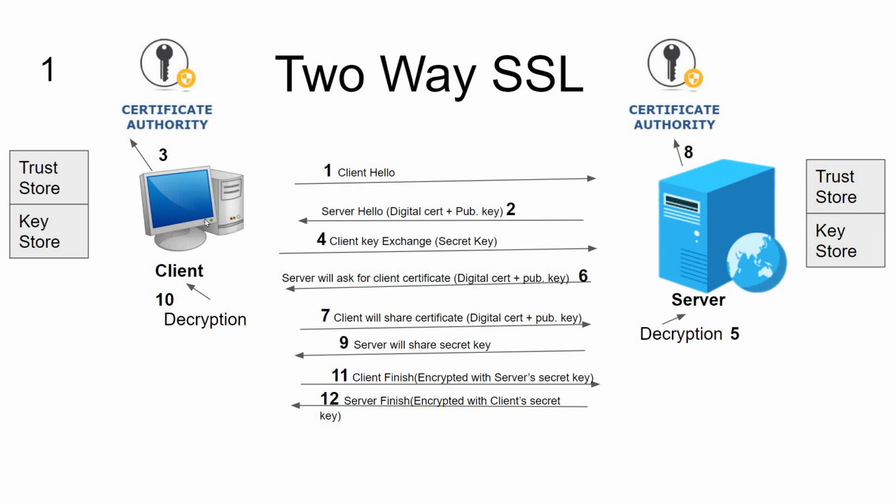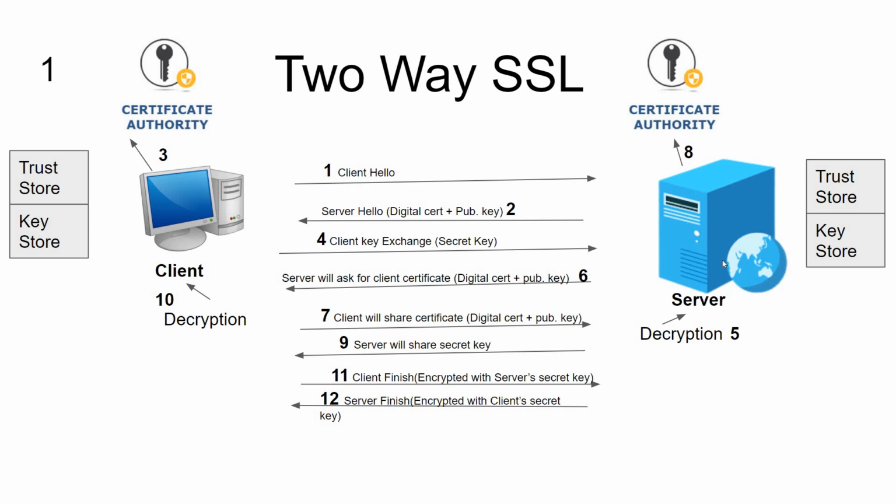what will the client do? In the fourth step, it will send a secret key to the server, but it will send this secret key in encrypted format. It will encrypt the secret key with the public key already shared by the server, so it sends the secret key to the server in encrypted format.